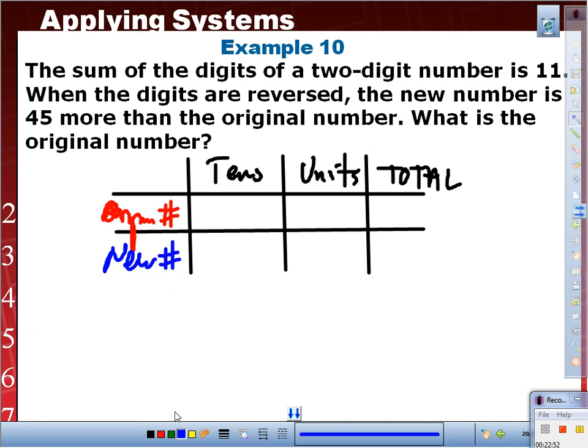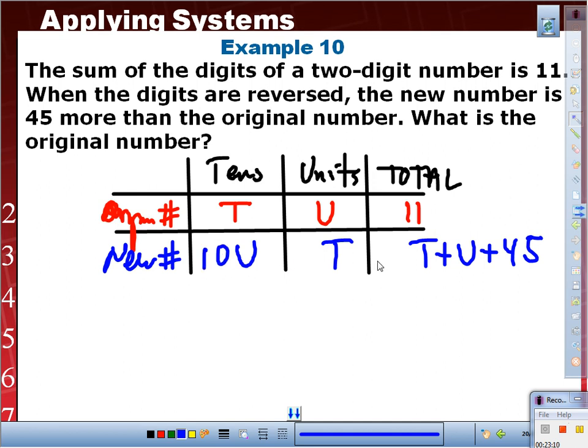New number. The original is T plus U equals 11. The new number is U plus T equals T plus U plus 45. However, what did I ask you not to forget? To multiply this one times 10 and this one times 10.